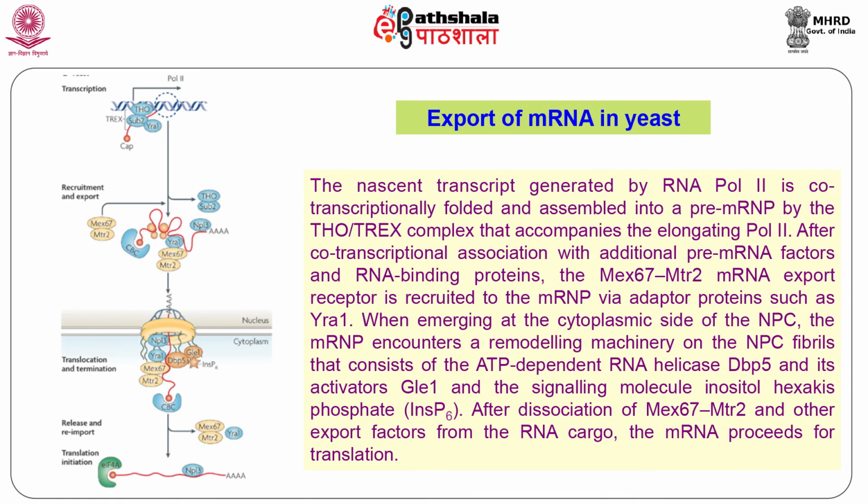The figure shows nuclear export of mRNA, which is a very complex process. The nascent transcript generated by RNA polymerase II is co-transcriptionally folded and associated with TREX complex to assemble into a pre-mRNP, that is pre-messenger ribonucleoprotein.